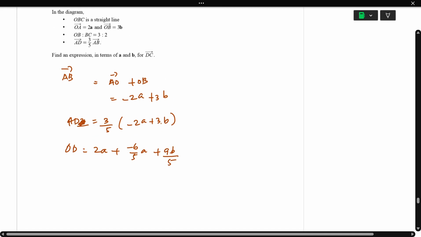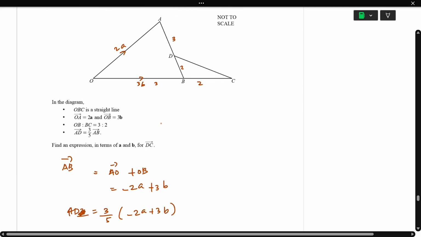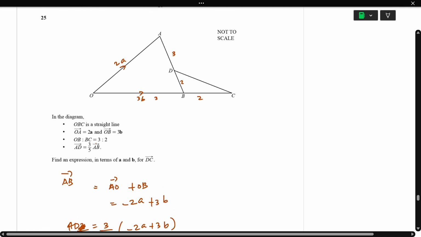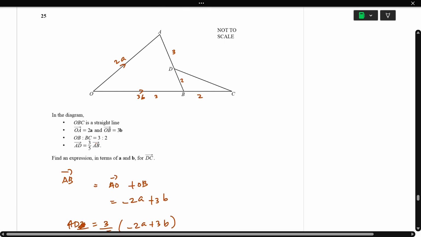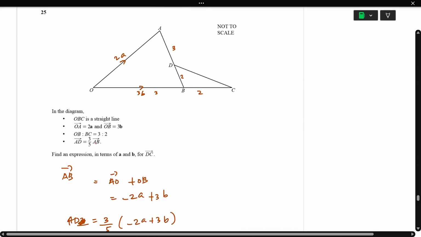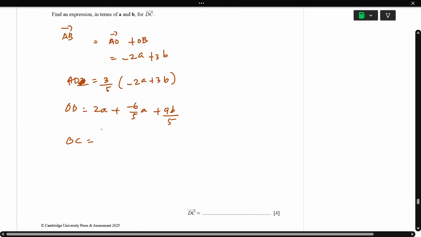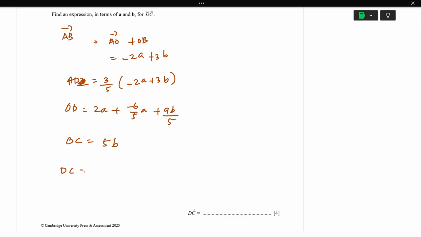Okay, so the next part, OC equals 3B plus 2B, which is 5B. Okay, now I'm going to find DC.